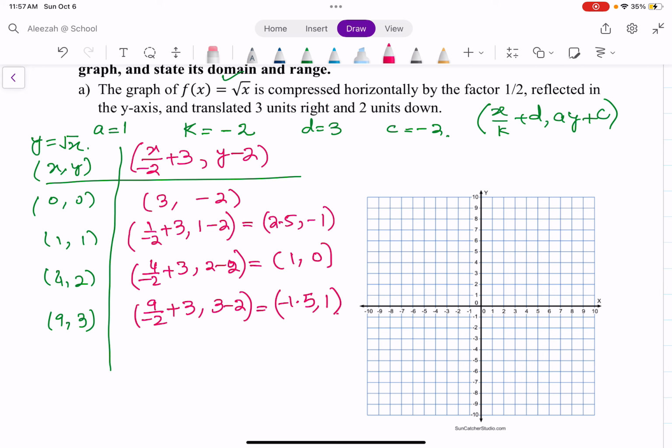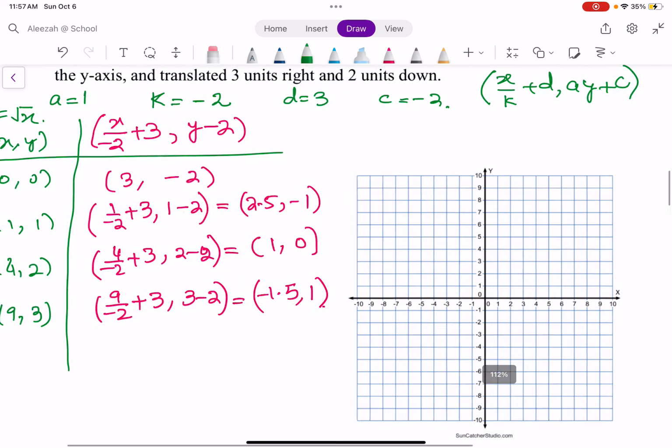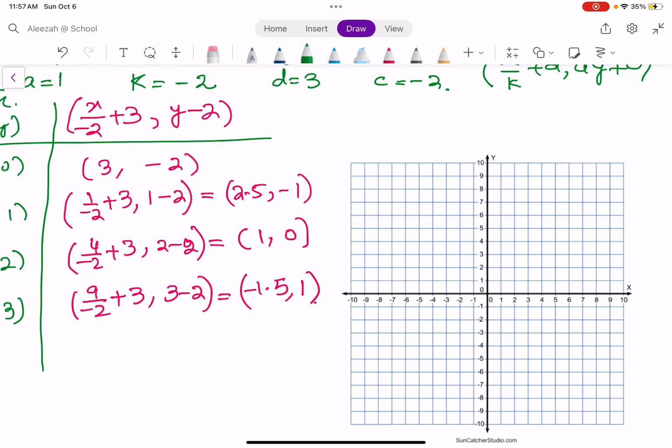Normally it's better to graph the parent and the transformed function. So first I graph the parent function. Here I take the points x is 0, y is 0, x is 1, y is 1, at 4 it's 2, at 9 it is 3, right? So that is my parent function. And now I graph my new points.